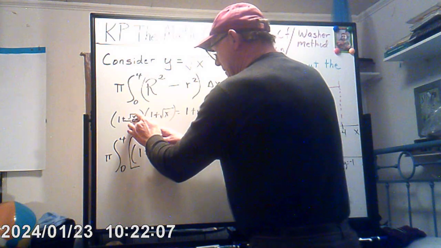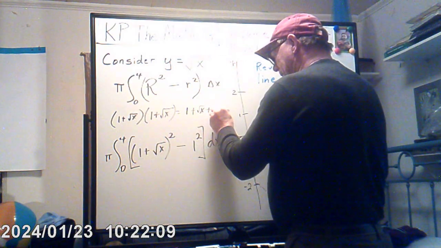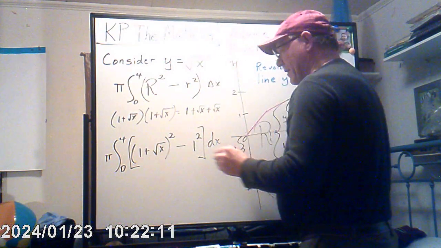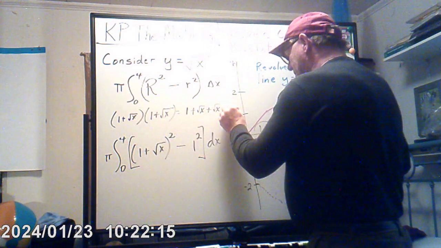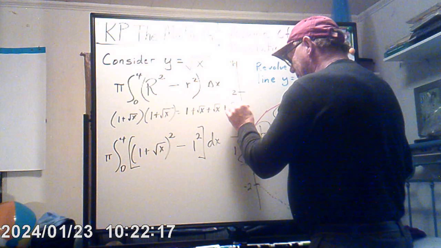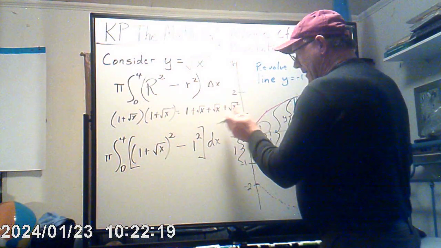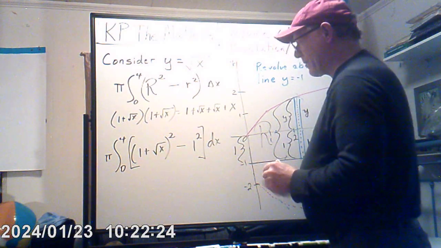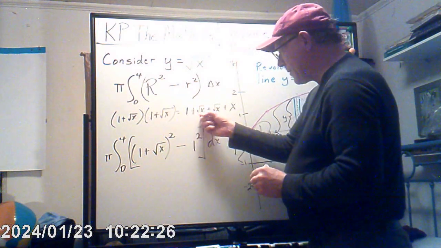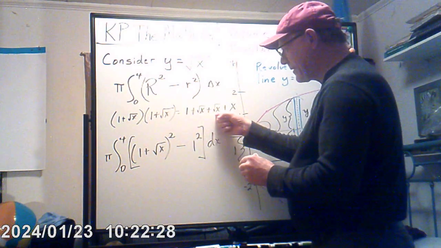Now, square root of x times 1 is the square root of x. Some of you may already know to double that anyway. Square root of x times the square root of x is the square root of x squared, but that's just x. So here we got 1 plus 2 square roots of x, plus x, isn't it?